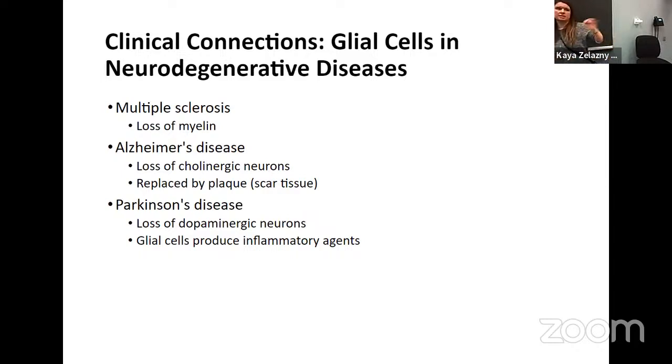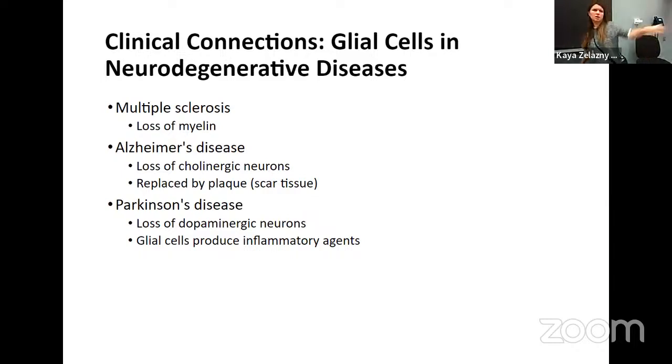This is the case in things like multiple sclerosis, which is a loss of myelin. So actually losing that protective coating that usually speeds up conduction, that gets messed up. Suddenly the conduction gets a little wonky. So those places where there used to be myelin and now it's missing, scar over, and this has a lot of effects on your function.